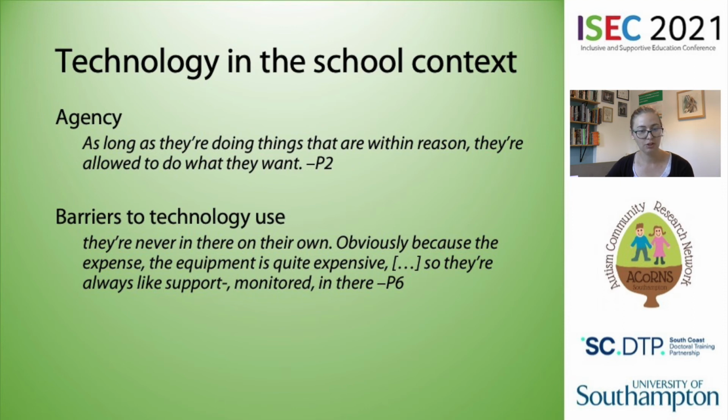However, some restriction is related to different barriers. Cost of equipment is one, which, as you can see from the quote, can have considerable impact on the way students are allowed to interact with technology. This also feeds into the age and lack of functionality of equipment, which restricts some technology use. Participants described being unable to install new programs on older devices, which was restrictive.